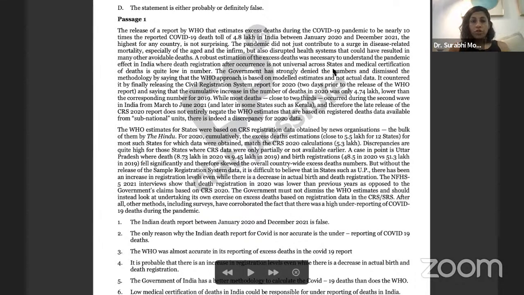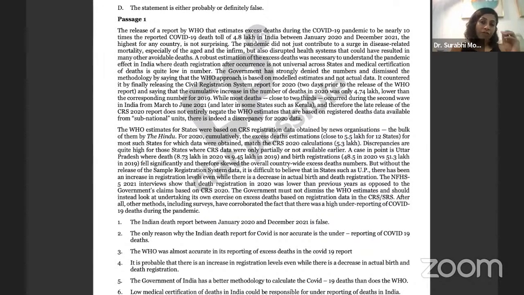The author is trying to talk about a comparison of a report between the WHO and the death numbers in the pandemic between January 20 to December 21, and the numbers that officially feature on the Indian death rate numbers, right? And the author takes into account how it is not surprising that the two numbers differ by almost 3 times.